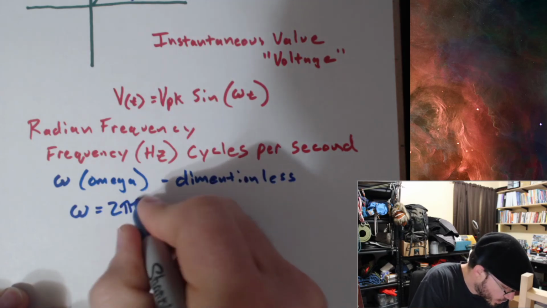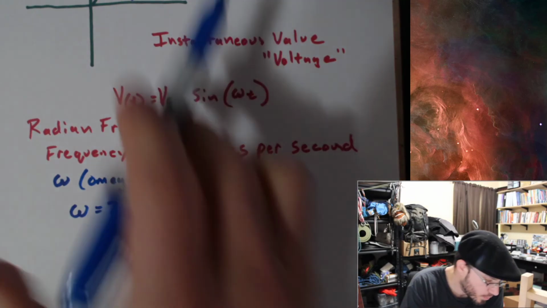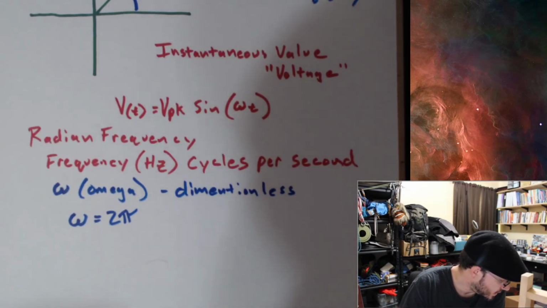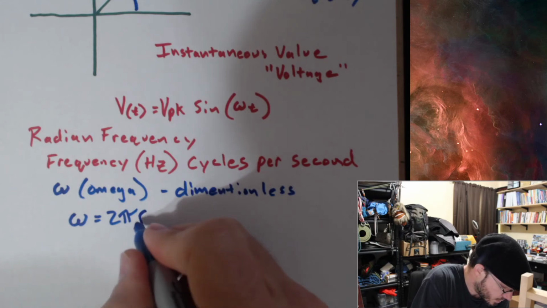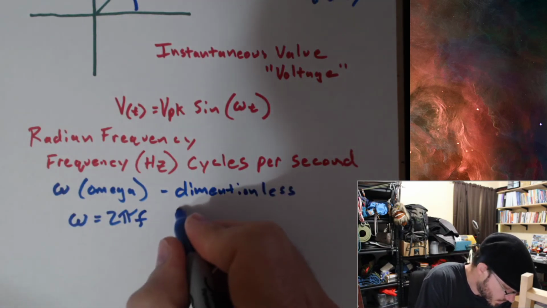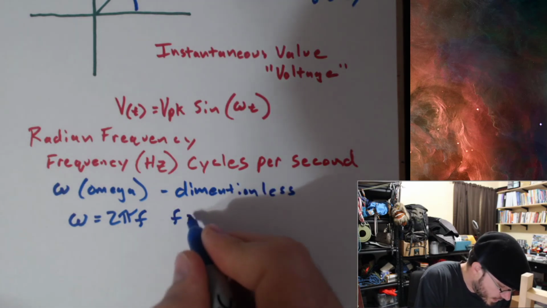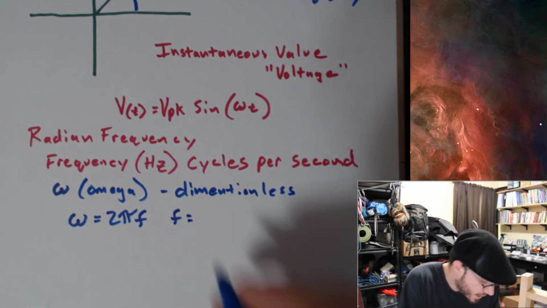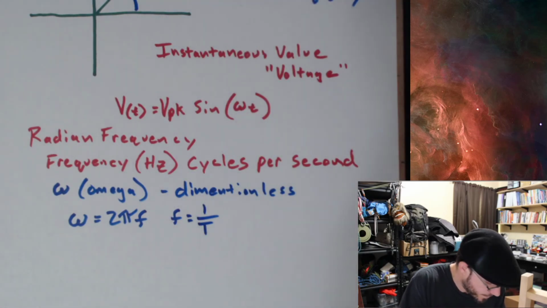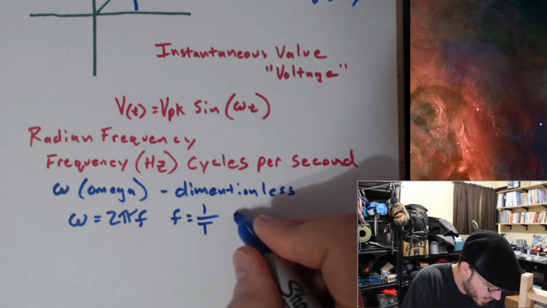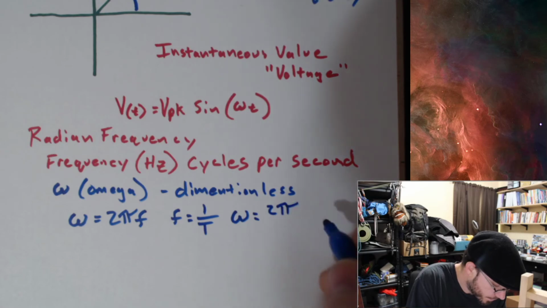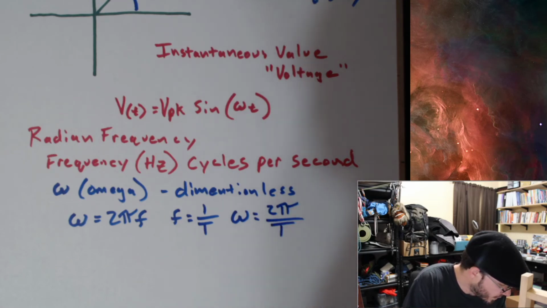And omega will just be 2 pi, the amount to do 1 complete rotation, times our frequency. And frequency, as far as the period is concerned, is 1 over the period. So we can also say that omega is equal to 2 pi over the period.